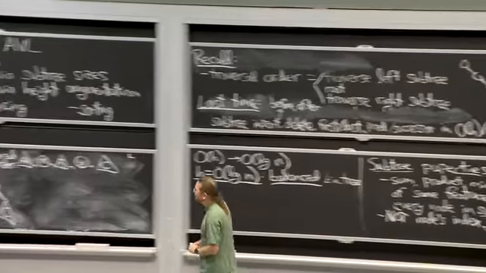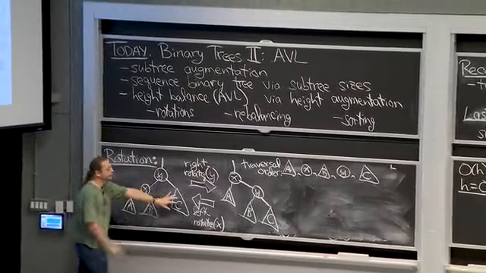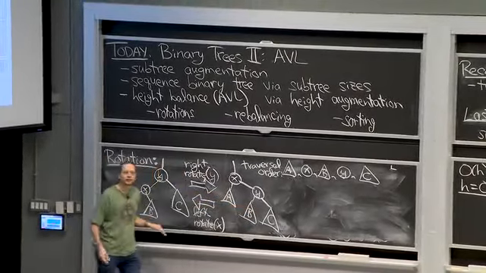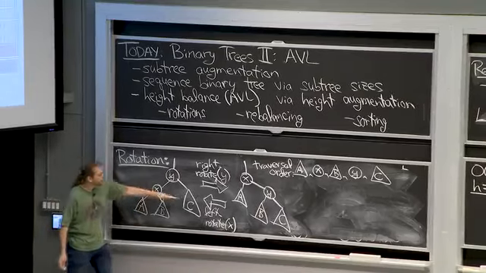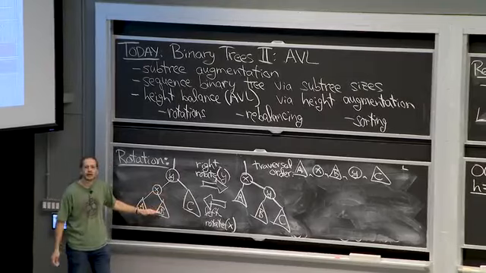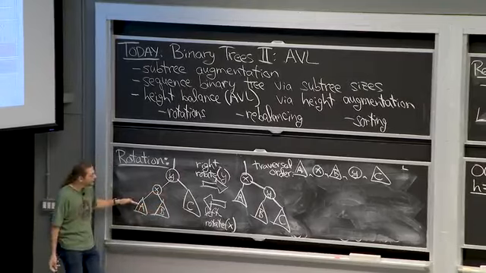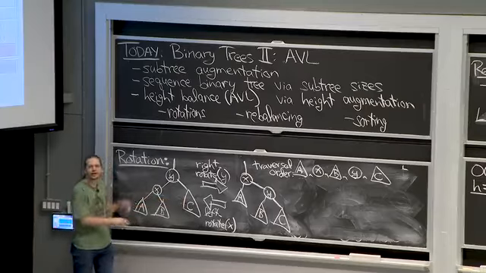If you look at depths, in this picture, A and B are deeper than C. And in this picture, B and C are deeper than A. So there's a trade-off. This one moved up. This one moved down. This one stayed at the same depth. So hopefully, if A is too deep and C is too shallow, they can trade off like this.